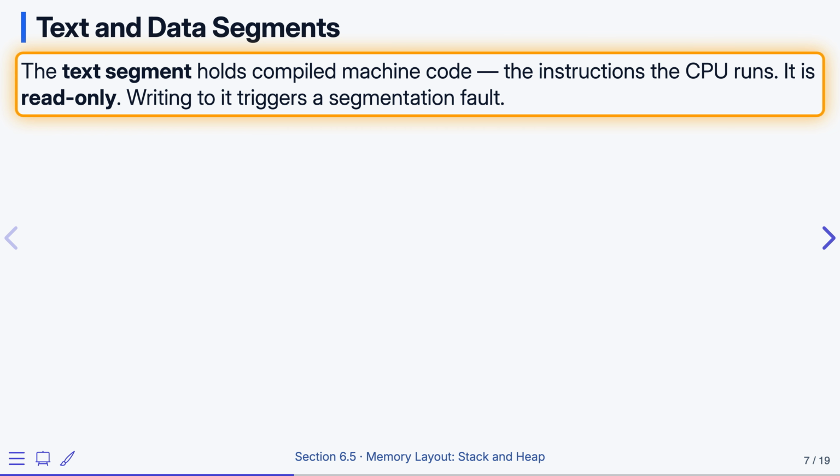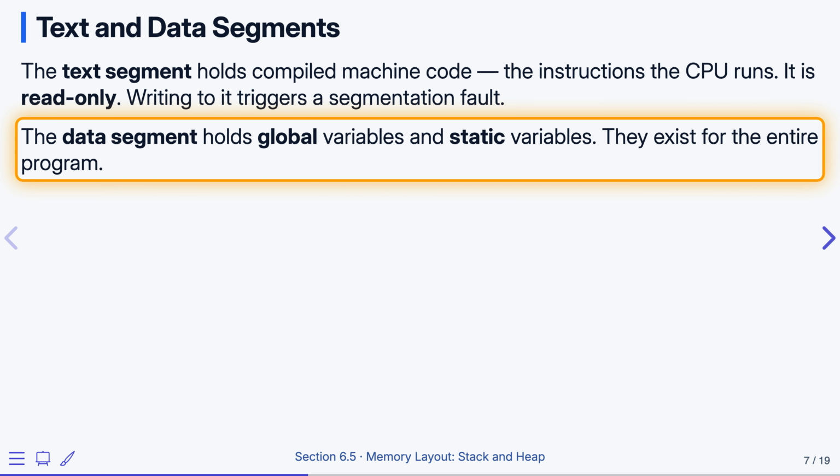Let's look at the 2 low segments. The text segment holds your program's compiled machine code, the instructions the CPU executes. This region is read only. If the program tried to write to it, the operating system would kill it with a segmentation fault.